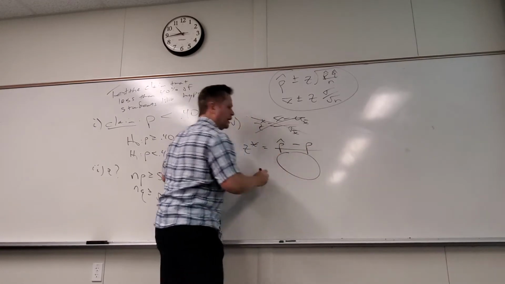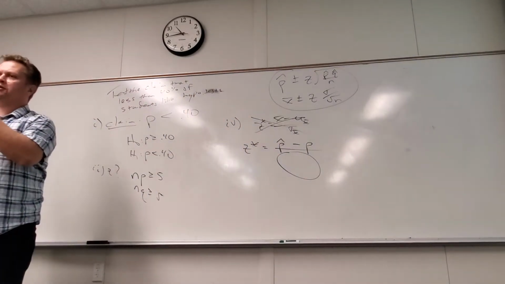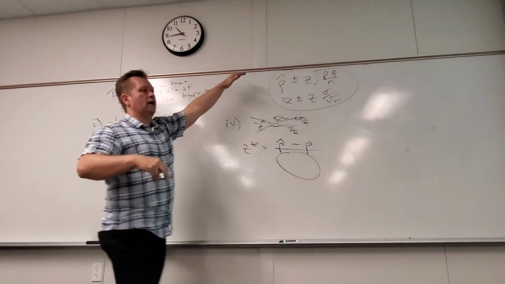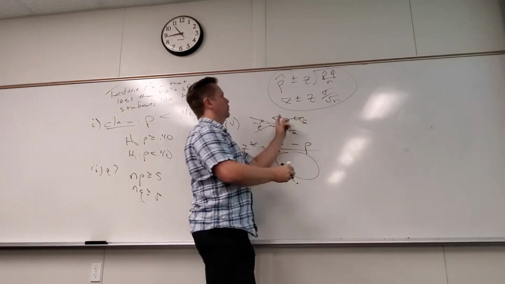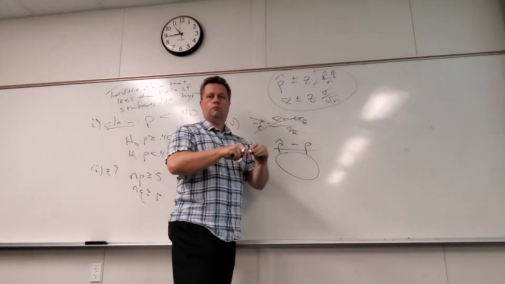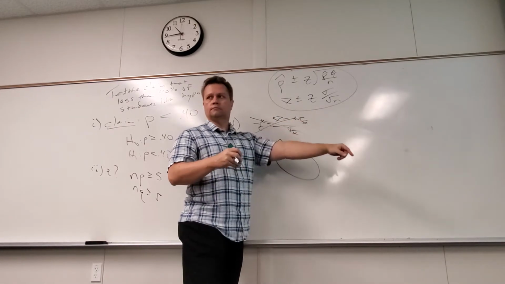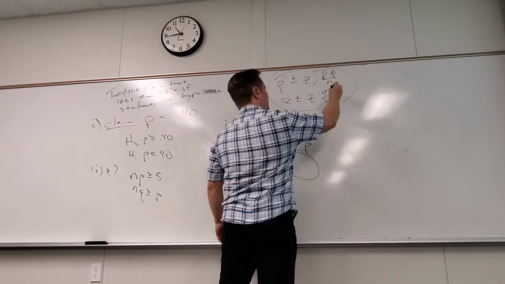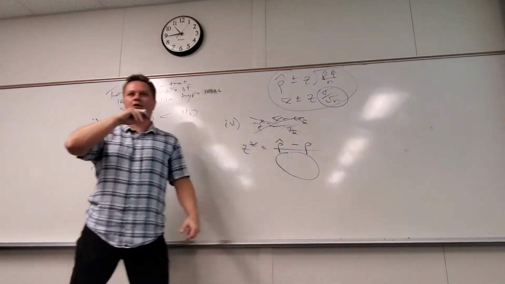And now I've got to divide by the spread. But here's what's cool. The reason I wrote these down: where's the spread in this statement? Where's the standard deviation in this statement? This whole thing is the standard deviation.